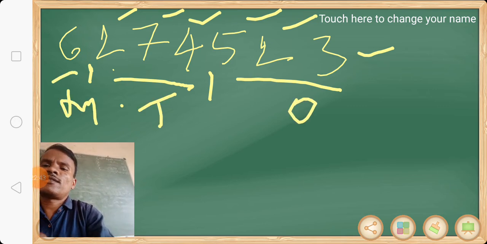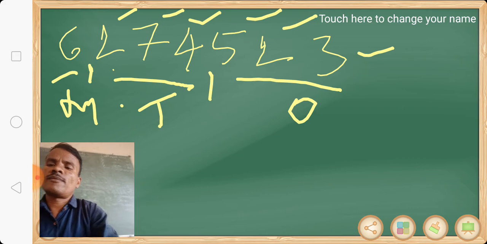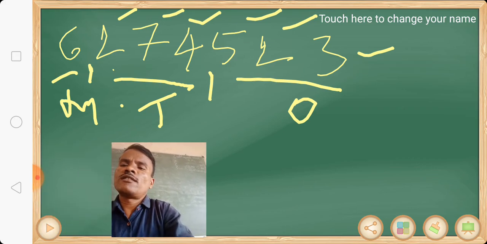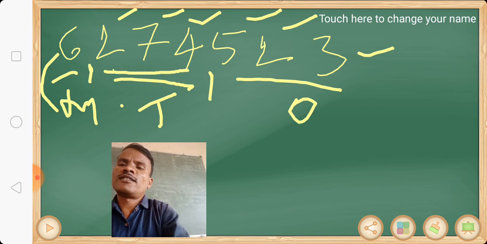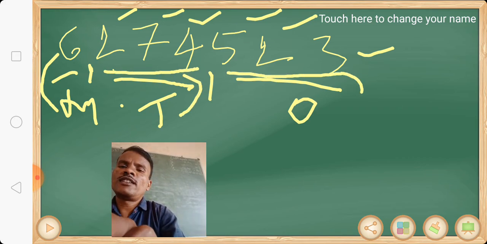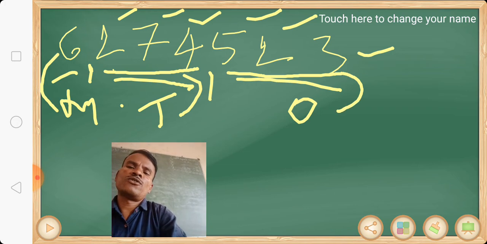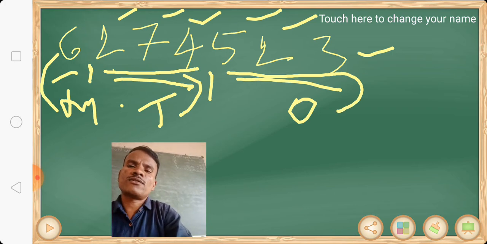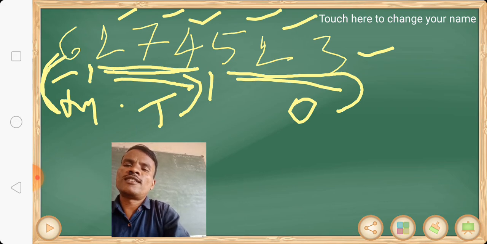So how to read this one? 6,274,523. This is the way of reading in the international system.